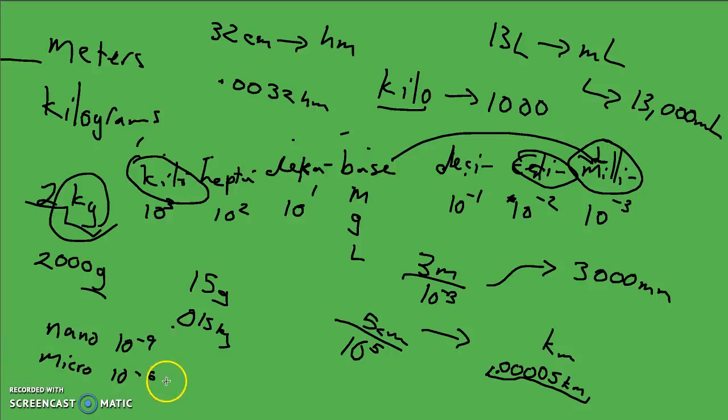The symbol for micro is this little Greek mu, and the symbol for nano is just n. Also, a micrometer is a millionth of a meter. A nanometer is a billionth of a meter.